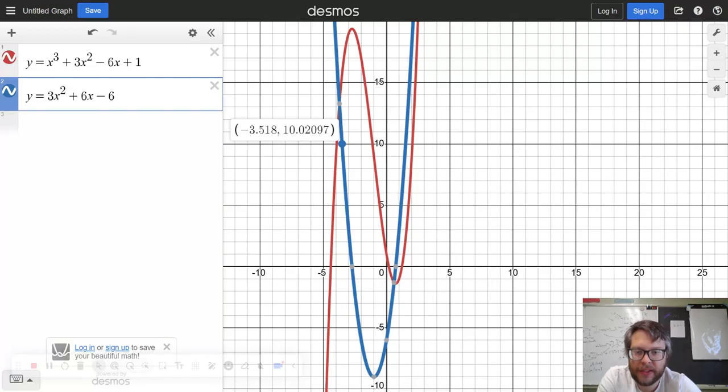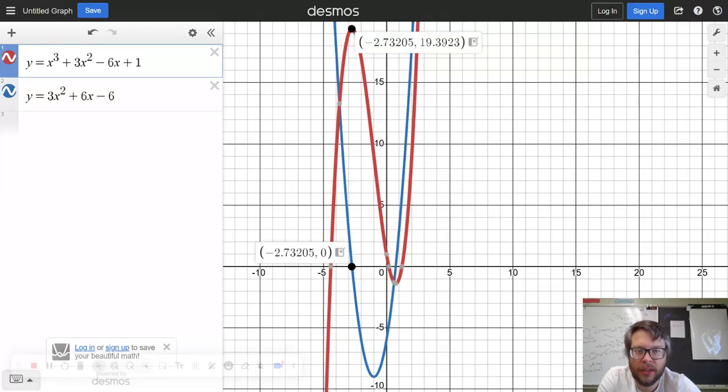And what that means is at the same x value, the red curve has a slope of about 10. If I go right here, the blue function, the derivative, has a value of 0. And what that means is at that same x value, negative 2.7, the red function has a slope of 0.